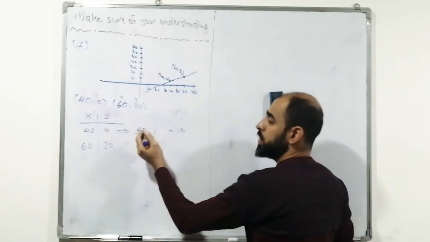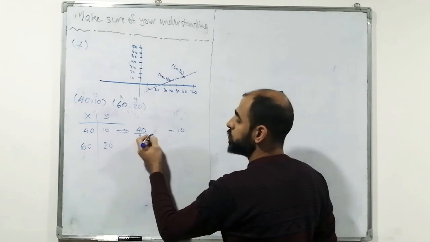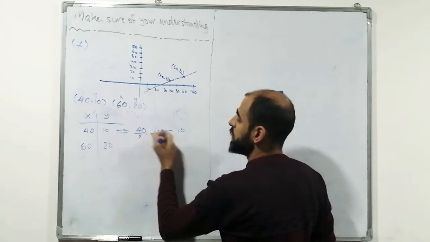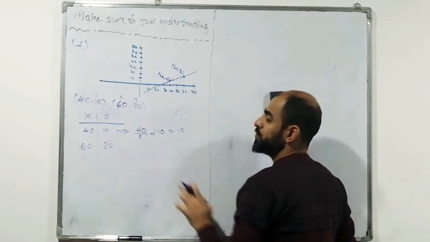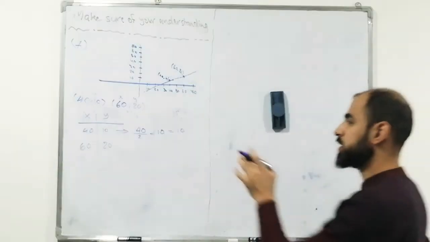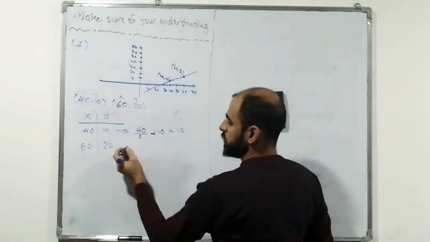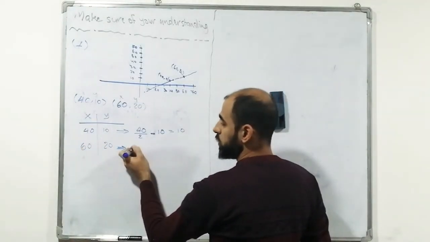Here we have to divide the value of x over 2 minus, let's try minus 10. 40 over 2 we get 20, minus 10 it will equal 10. Now we try to apply the function rule on the other point.